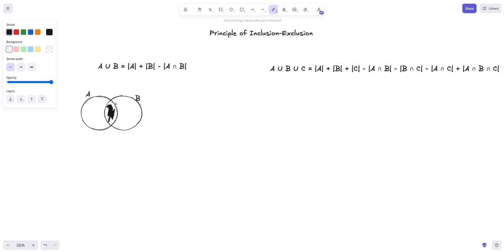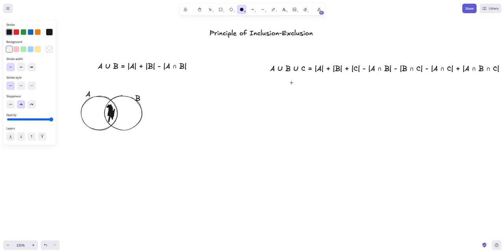For that reason, we need to subtract A intersection B, because A will include the whole thing and B will include the whole thing again, so this is going to be added up, and we need to subtract it because it's already included. And so that's where this formula comes from.